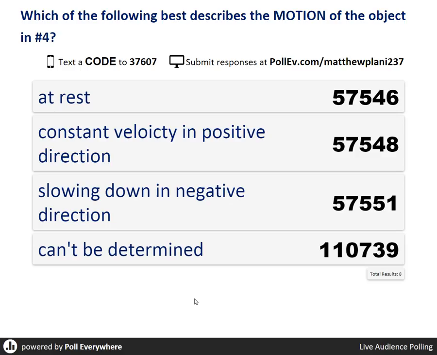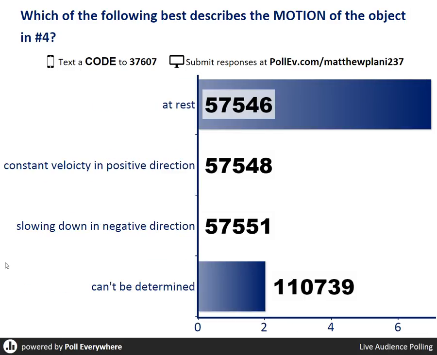I would say that this question is probably the hardest question on the sheet. And here's why. The correct answer to this question is D. Can't be determined.